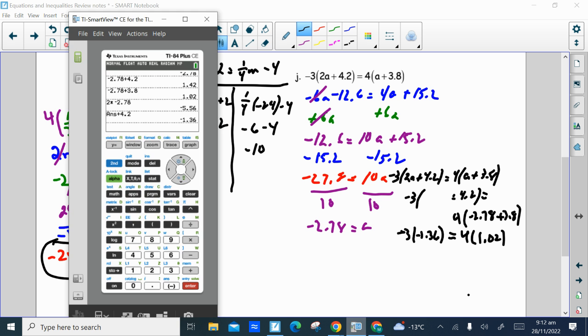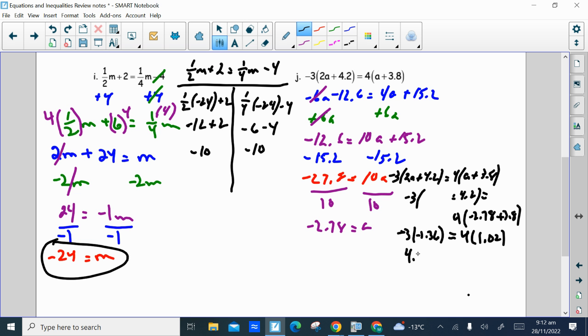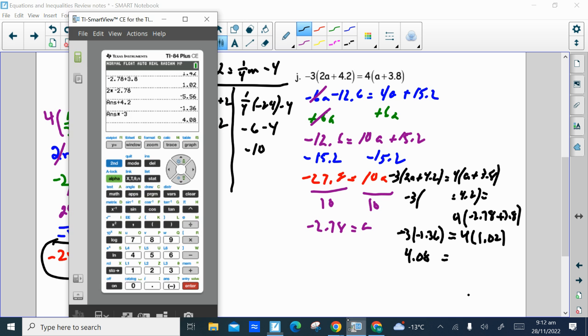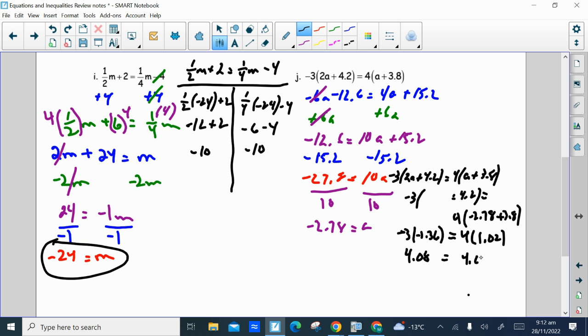And that gets multiplied by negative 3, 4.08. And on the right, when you multiply those out, you're also going to get 4.08. So it checks.